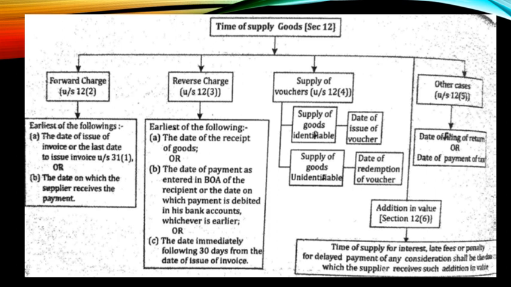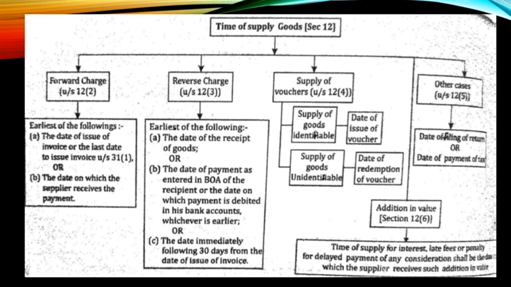The first circumstance is the date on which the goods are received, which will be considered by him as the invoice date, and he will account it in the books of accounts. Or the date of payment as entered in the books of accounts of the recipient, or the date on which payment is debited in his bank account, when the recipient pays this amount to the supplier.